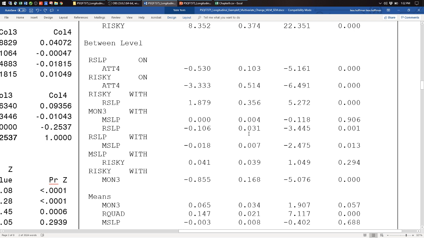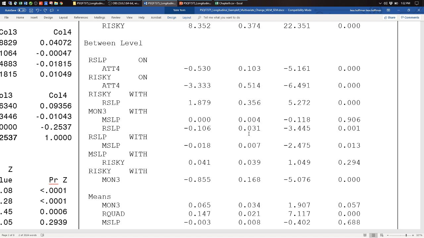The between level, it does not order your output in the order in which you asked for it. It has its own internal order that, as near as I can tell, you cannot change, and it's very frustrating. But it decided to give me the fixed effects of attitudes on the risky slope and the risky intercept first, slope then intercept.